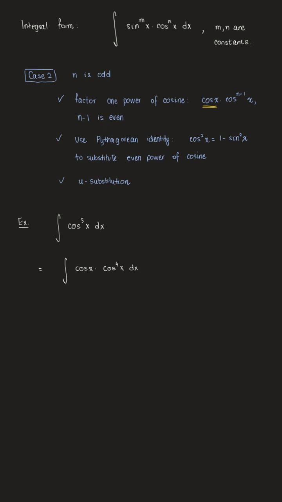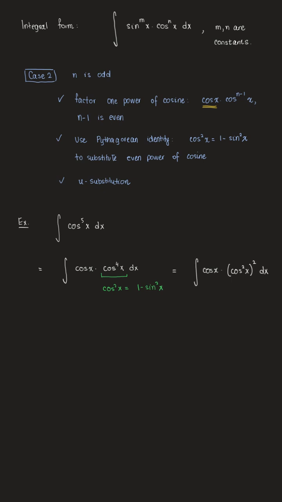And if you take a look at our instructions, this is the time where we look at the even power, and we're going to use the identity that cosine squared x is equal to 1 minus sine squared x. And so before I use that, I'm just going to rewrite this, still saving this cosine x for later for our u sub. And cosine to the 4th can be written as cosine squared x, all of that squared.